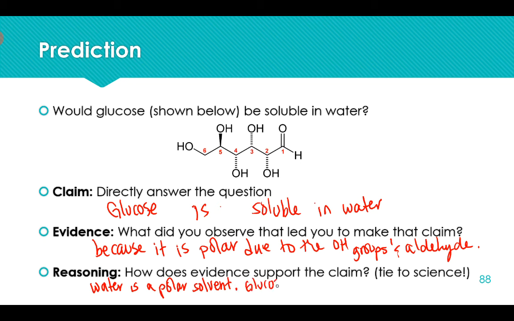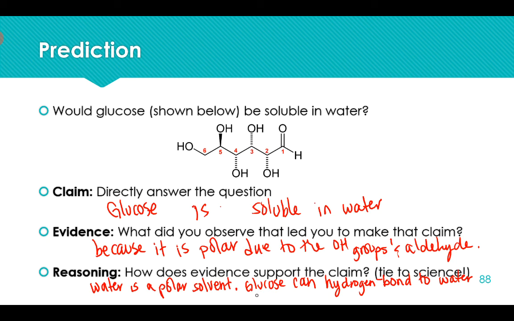Glucose can hydrogen bond to water, and since they are both polar, then due to that rule, like dissolves like, they will be soluble. But since glucose can hydrogen bond to water, that will make it more soluble than just an ordinary polar solvent.